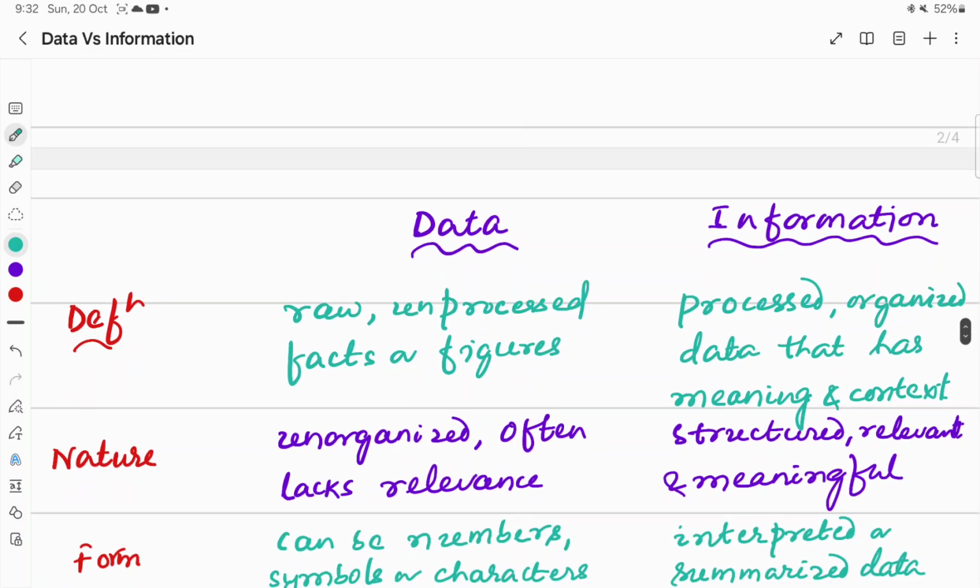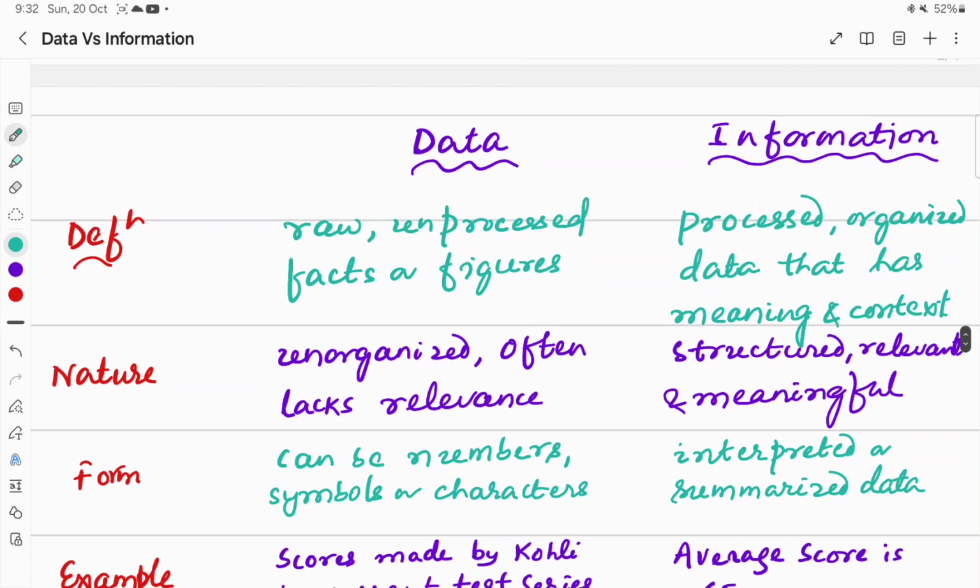So now we just discussed what is data, what is information, and how we can get information from the data collected. Now let us discuss them in points. So first, the definition. Data is the raw, unprocessed facts or figures, whereas information is the processed and organized data that has some meaning and context.